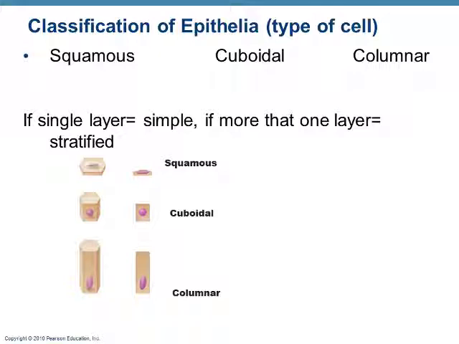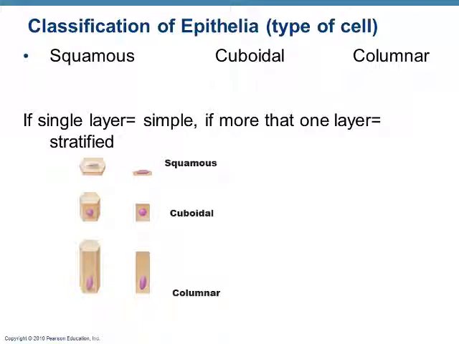Another type of epithelial tissue has cells that are cubical in shape. That means height and width are almost the same. So this is cuboidal. Cubical shape cells. Cuboidal epithelial tissue or epithelium.